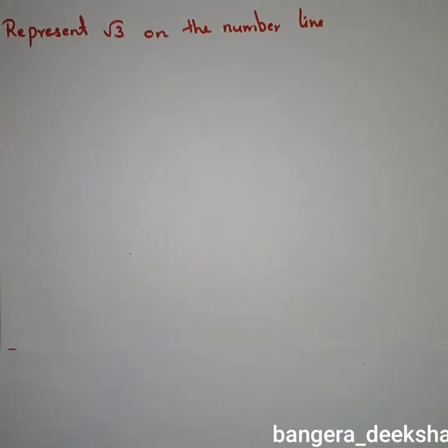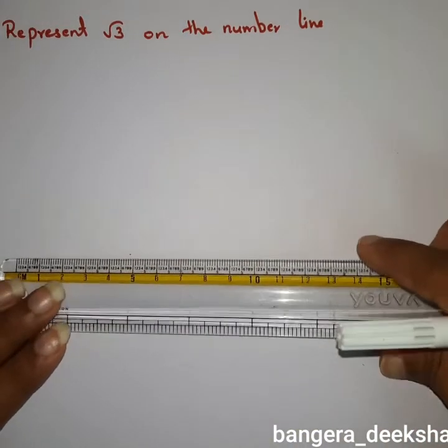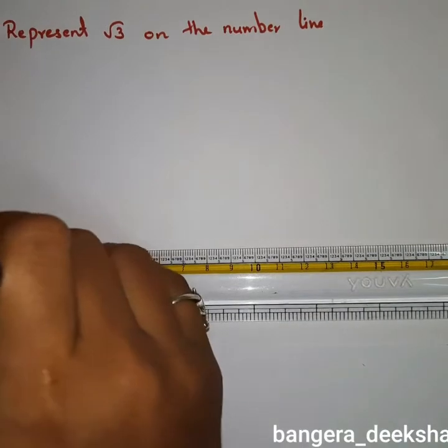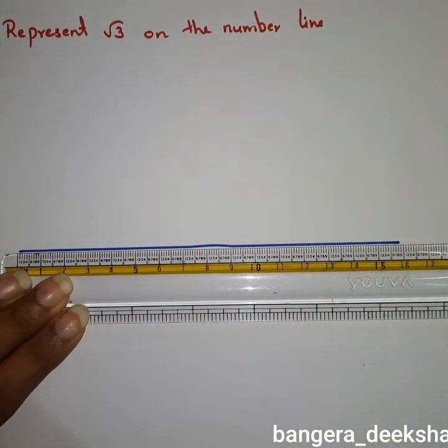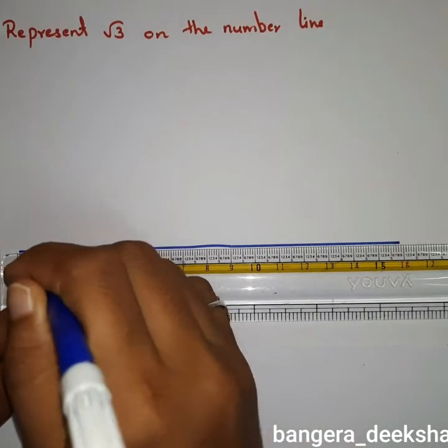Next we look at representing root 3 on the number line. The same way as we have done for root 2, we will draw a line and mark every 2 centimeter.